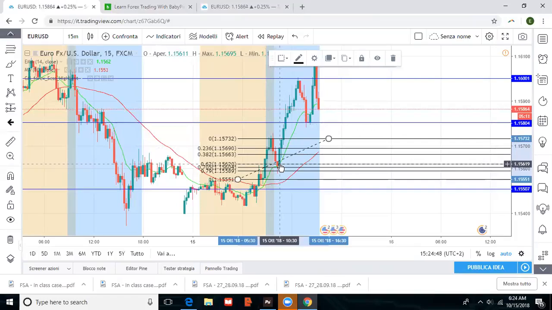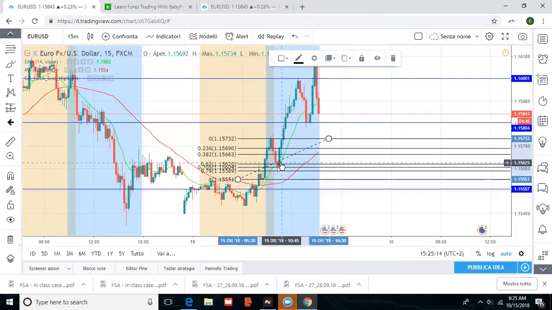So if, let's say, you have $1,000 in your account, if you follow my instruction, you can open one lot total. So you want to open 3 trades of about 0.3 lot each.